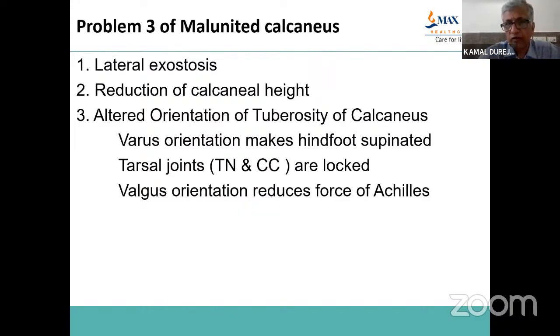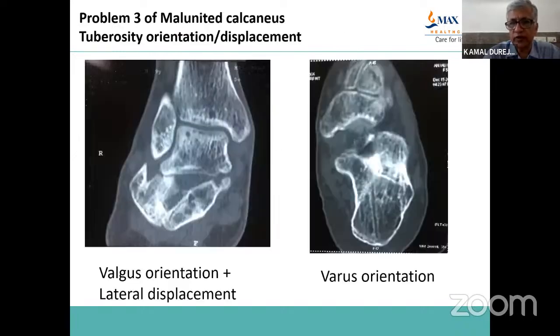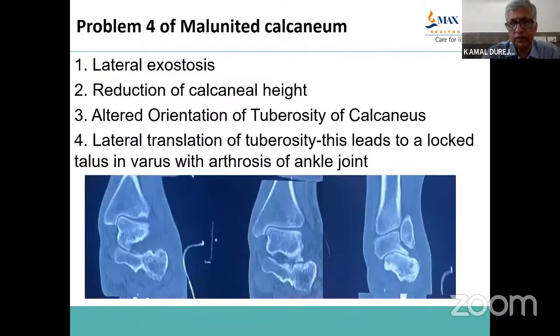The third problem, which you have to see in malunited calcaneum, is the altered orientation of the tuberosity of calcaneum. Either it's in varus or valgus, because this will have a detrimental effect on the tarsal joint motion. So here are the examples of valgus orientation and varus orientation, which you have to understand when you are analyzing your malunion.